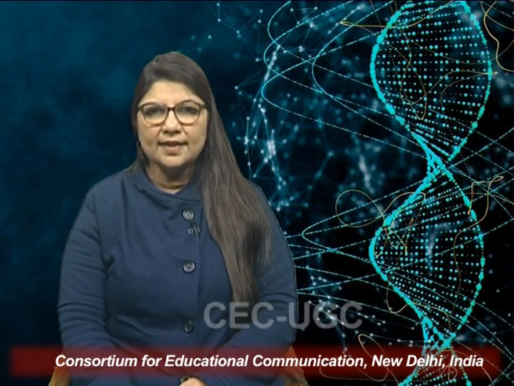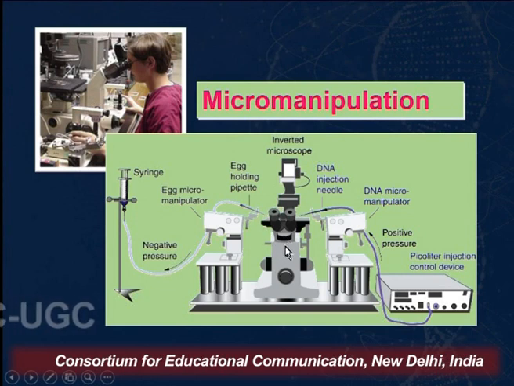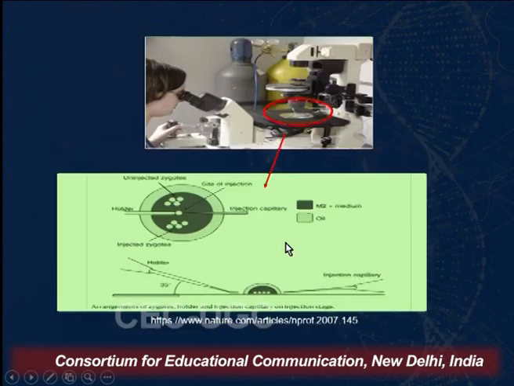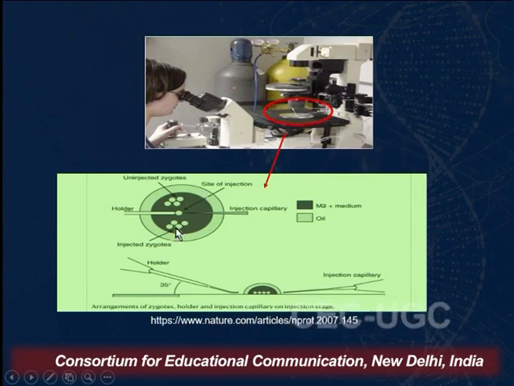Now, to micro-manipulate these fertilized eggs and micro-inject our gene of interest, such kind of micromanipulators are used. These micromanipulators contain microscopes and they have a platform where this kind of micro-injection can be done. As you can see in this platform, the fertilized eggs are taken on the slide, the medium is added to it, and then a layer of oil is also added. Two drops are put at the end so that they form a film around the media containing the fertilized eggs.